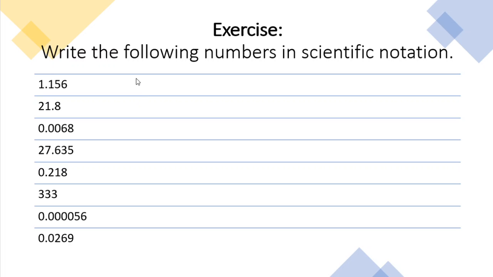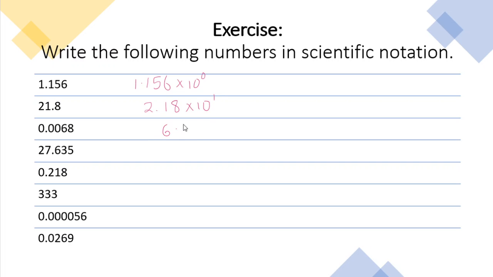So what we can do is, if we need to write it down in the power of 10, then we can write it down with 10 to the power 0. And the second one is 2.18 times 10 raised to power 1.